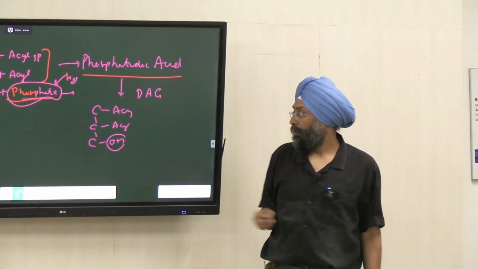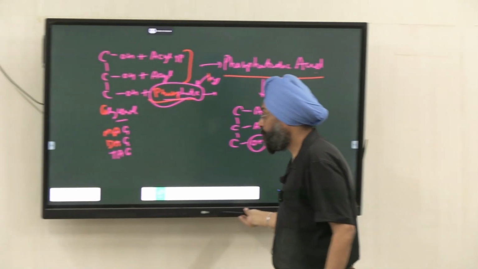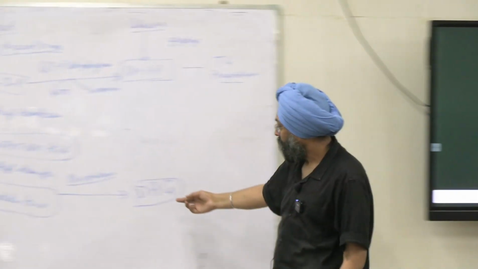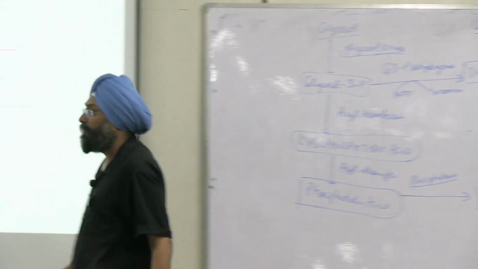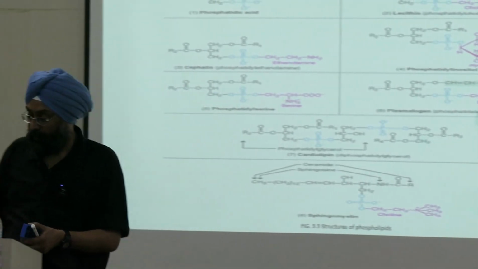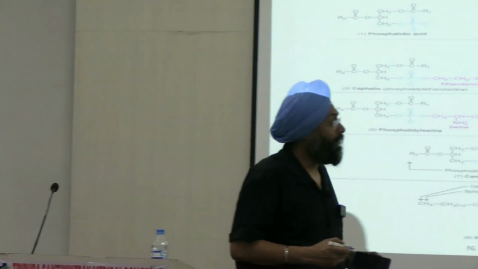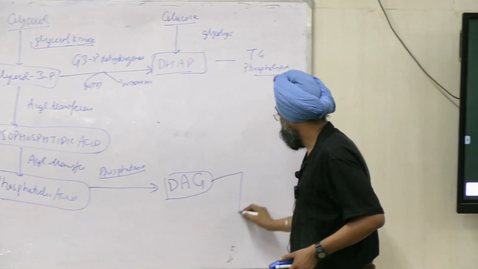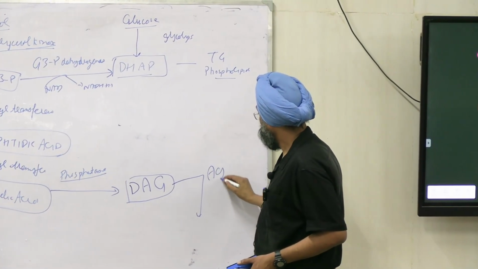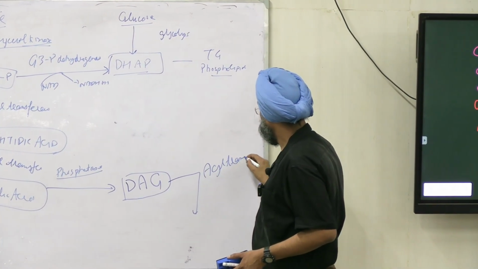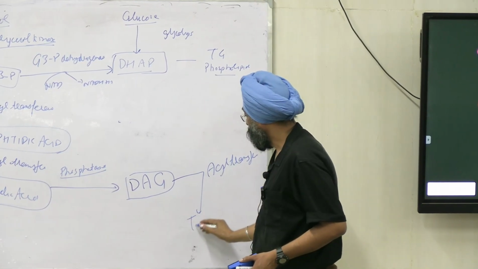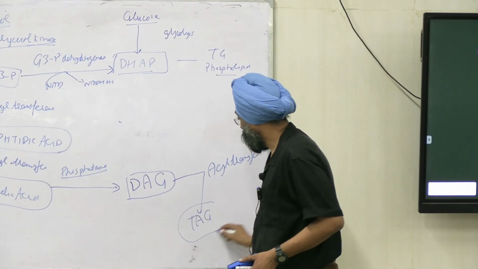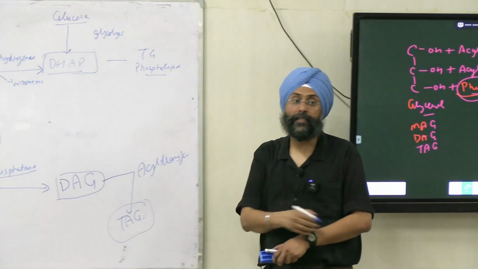Right? Clear? Now see, we have diacyl glycerol. What will you do now? In the diacyl glycerol, you add another acyl transferase. What will we get? Triacyl. That is how triglyceride is synthesized.